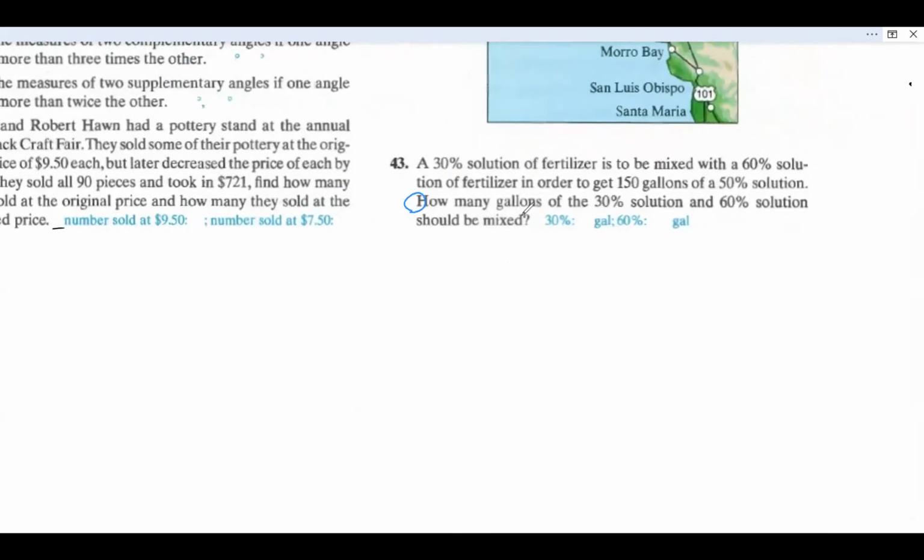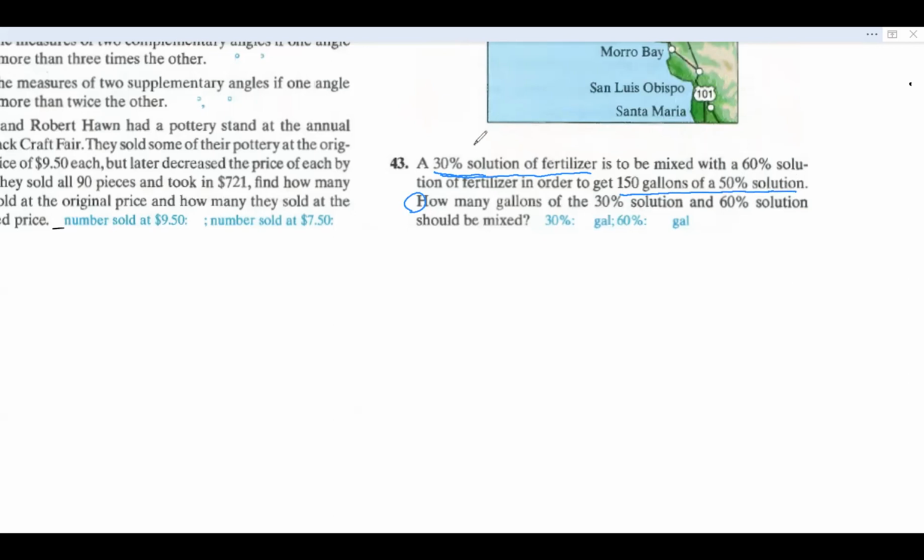So a 30% solution of fertilizer is to be mixed with a 60% solution of fertilizer in order to get 150 gallons of 50% solution. So finally we get 150 gallons of 50% solution, right?